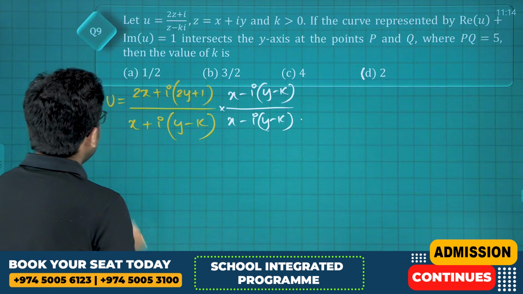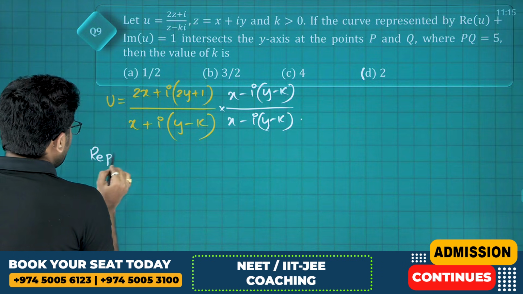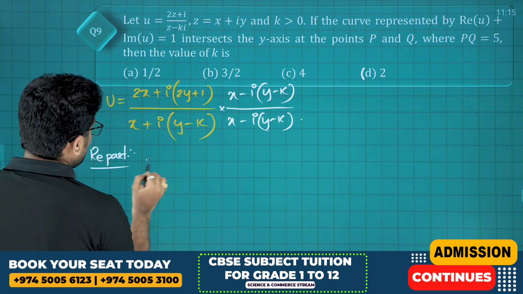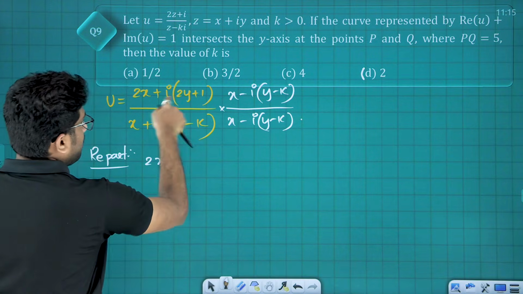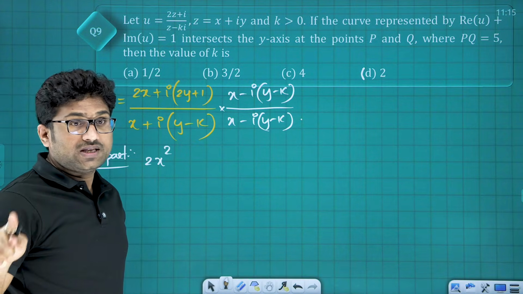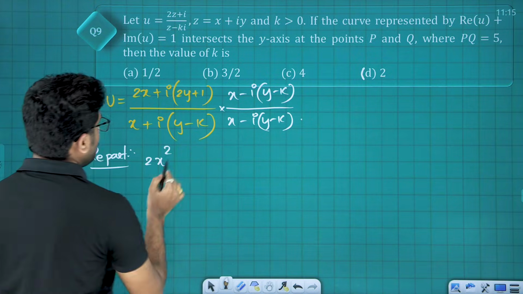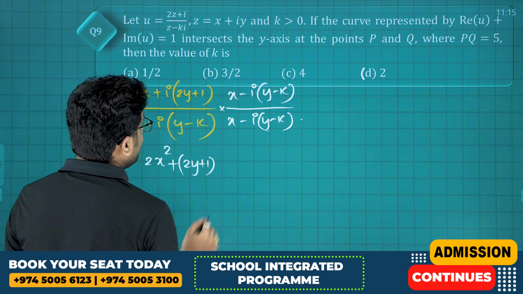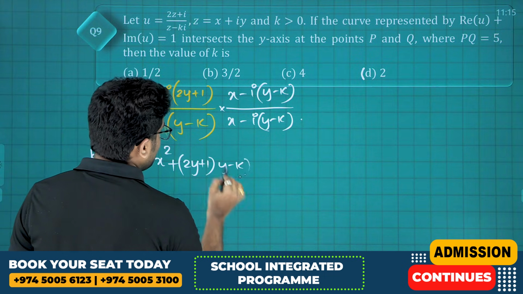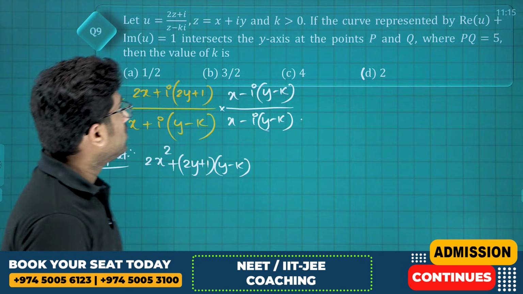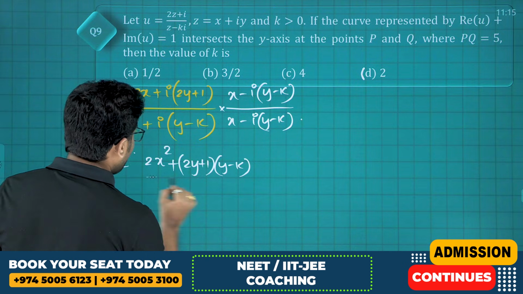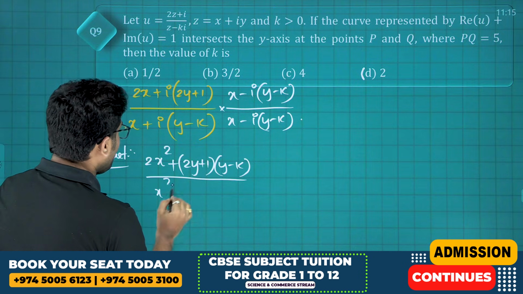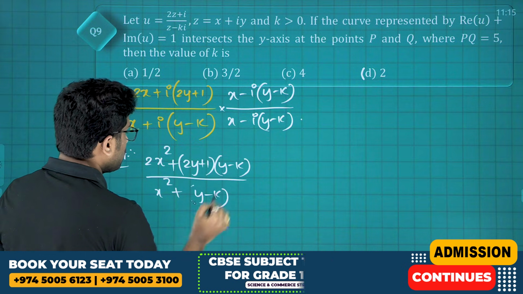So friends, first, what is the real part? Directly I'll write. The real part is 2x into x, 2x square, plus i into i, square. i square is minus 1, so minus into minus gives plus, 2y plus 1 into y minus k, whole divided by x square plus (y minus k) whole square.